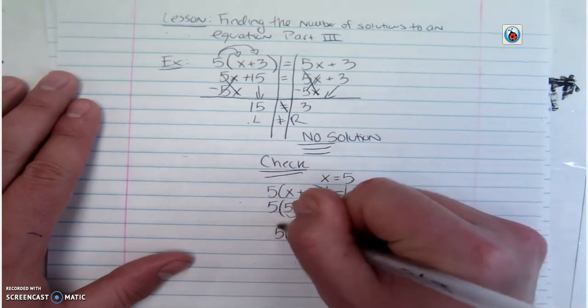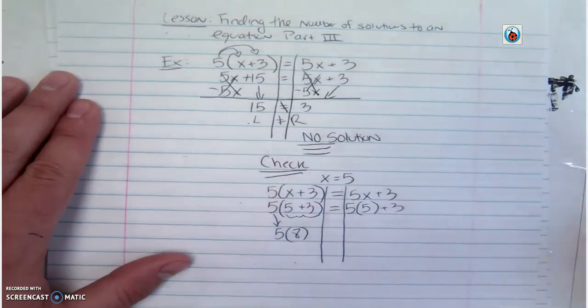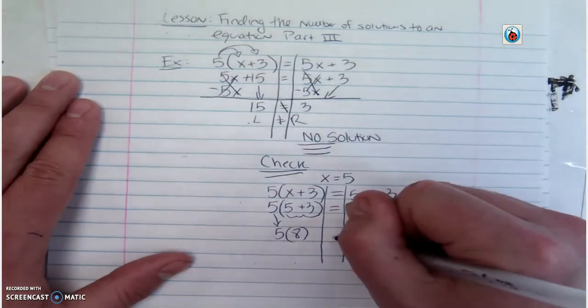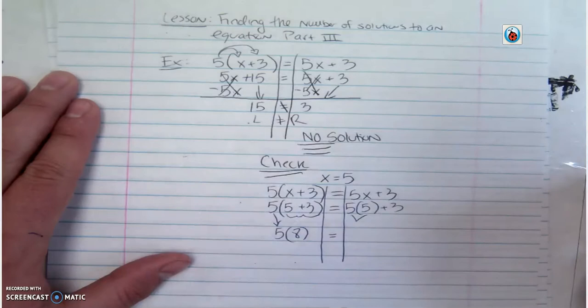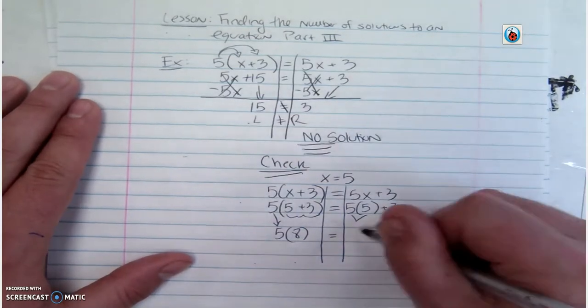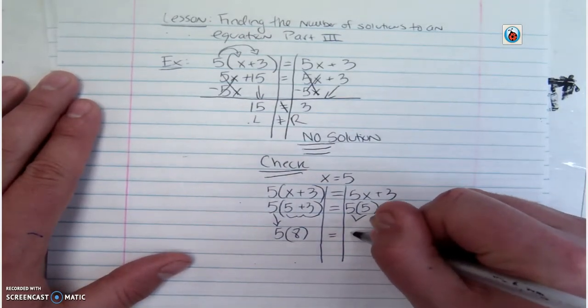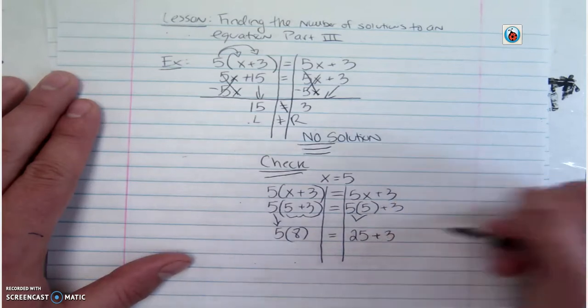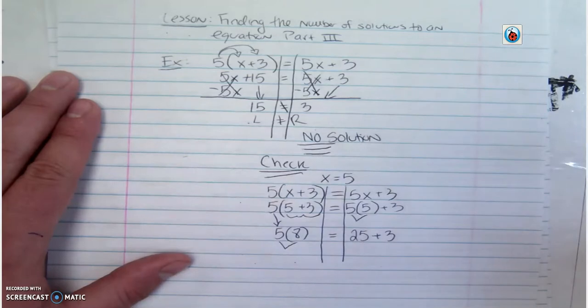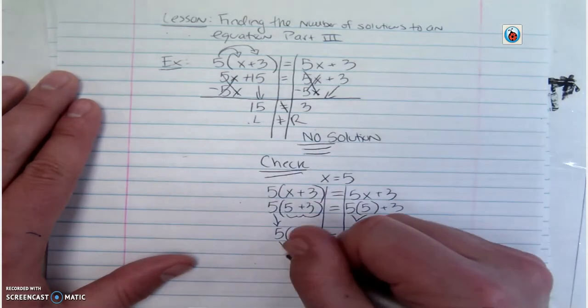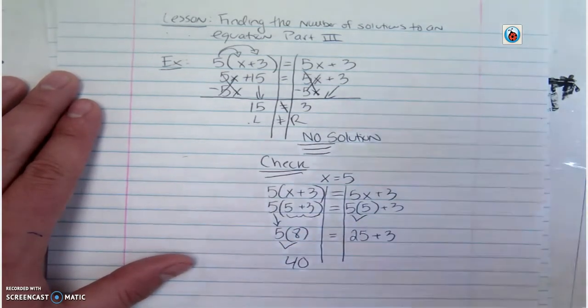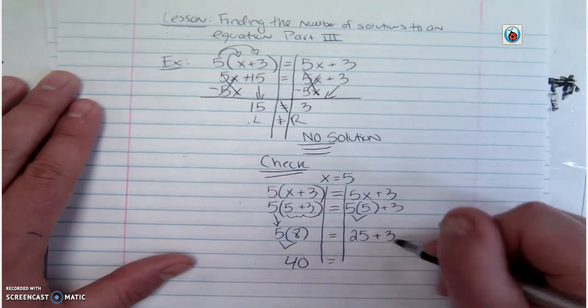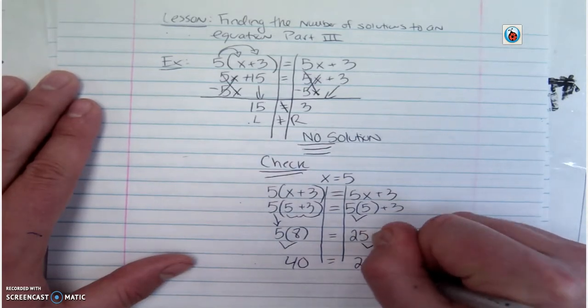Then I'm going to bring down the 5, making sure I leave that 8 in parentheses. Here I'm going to multiply, because a number touching parentheses indicates multiplication. So we have 5 times 5, which is 25, plus 3. When I multiply, I end up with 40 on the left, and on the right, 25 plus 3 is 28.